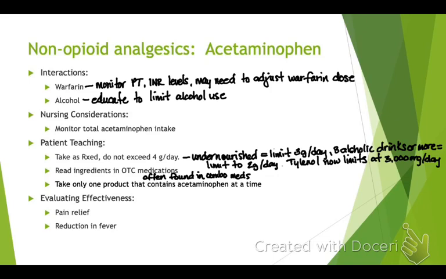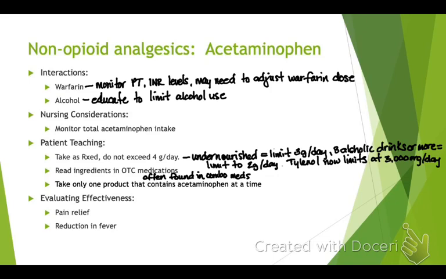Patient teaching, again, take as prescribed. You don't want to exceed a 4 gram per day limit. Patients who are undernourished will have a decreased limit of 3 grams per day because they weigh a lot less, and so they might get to the point where they should stop taking the acetaminophen at a much lower dose.